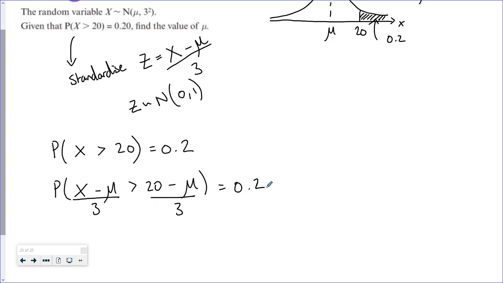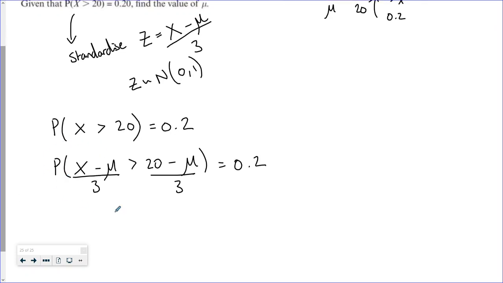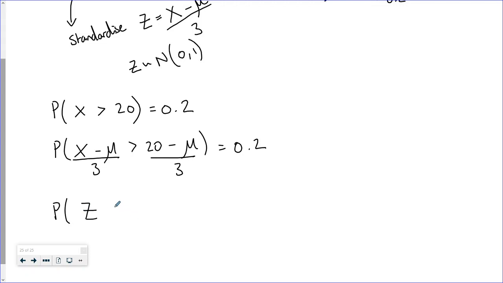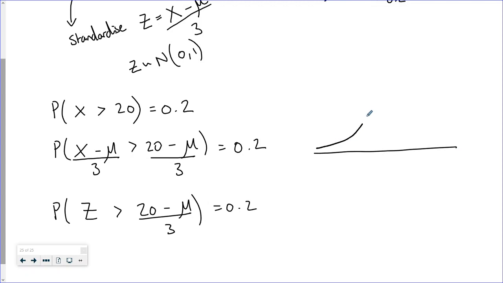Because we've done the same thing to both sides of the inequality, this statement here is exactly the same as this probability here. The reason we've done that is because on the left hand side, this random variable here is our standard normal random variable, and we know that this is true. So we've now got a problem to do with our standard normal variable z.